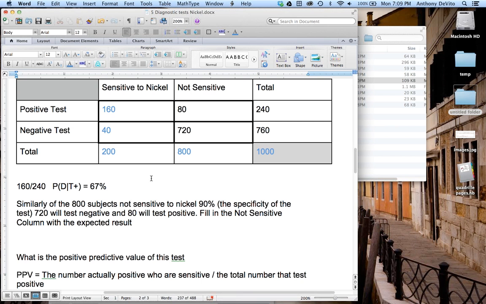How many times was it right? How many people actually didn't have the disease? 720. So the negative predictive value is 720 over 760, which is about 94.7%. That's our negative predictive value.